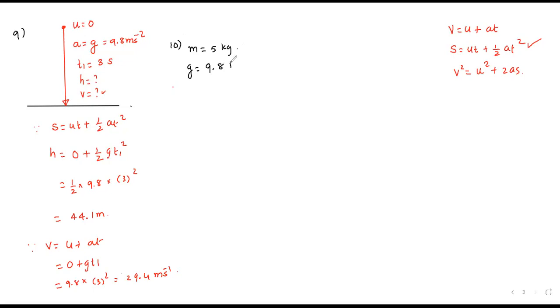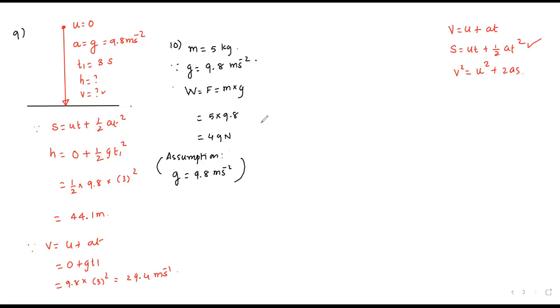It is written as 9.8 meter per second square. Weight is asked, meaning force is equal to m into g, which is 5 into 9.8, 49 Newton. What is the assumption? Assumption is G is equal to 9.8 meter per second square. That is the answer.